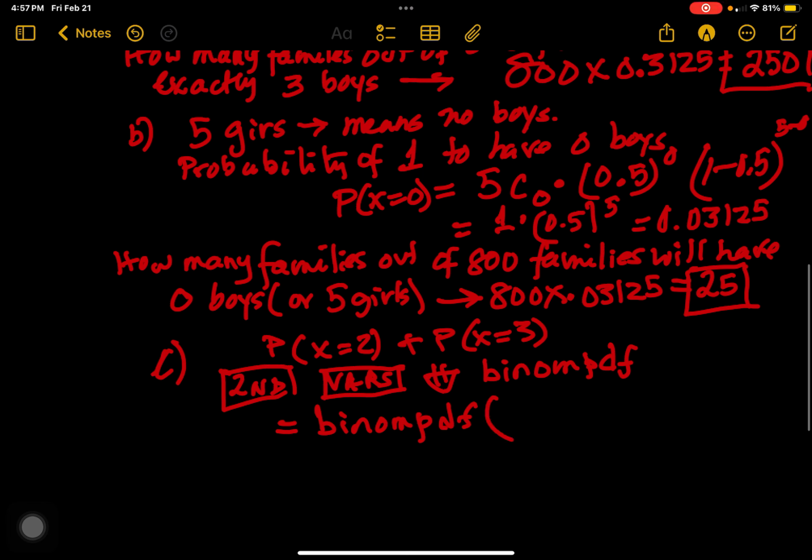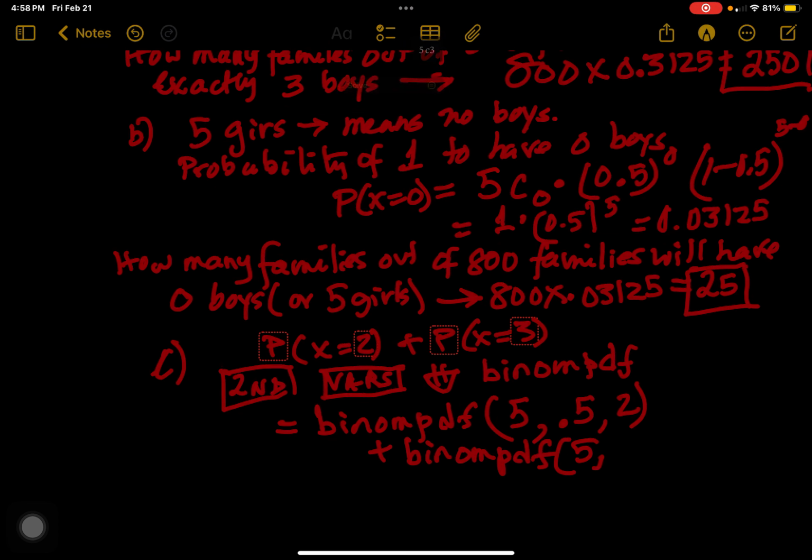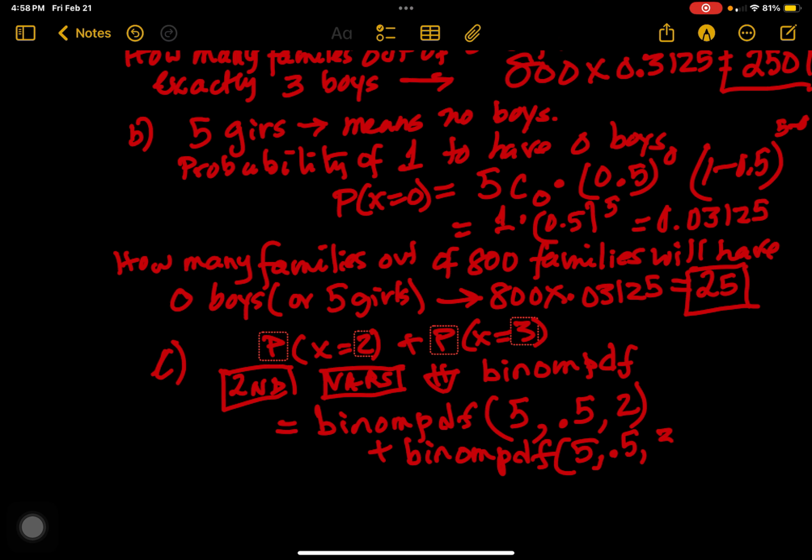My number of trials is 5, my probability of success is 0.5, and the first one 2 boys. Because these are independent events, having 2 boys or 3 boys, total probability you add them up, plus binom PDF 5 comma 0.5 and 3.